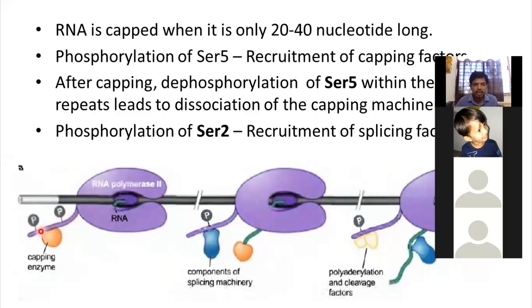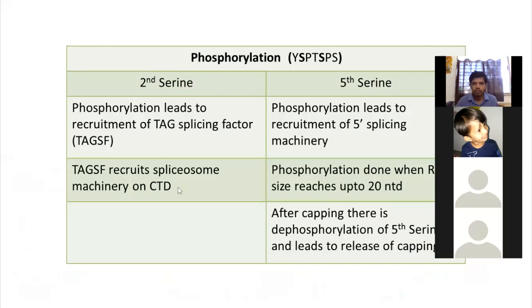Now this CTD tail has heptapeptide amino acid sequences. Last time I explained that. Particularly here, YSPTSPS: the 7th position serine and the 5th position serine. If phosphorylation occurs on the 2nd position, what will occur?